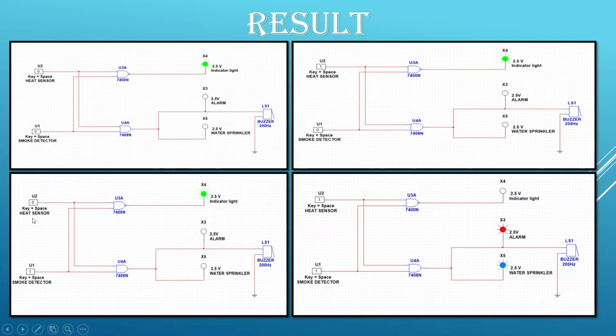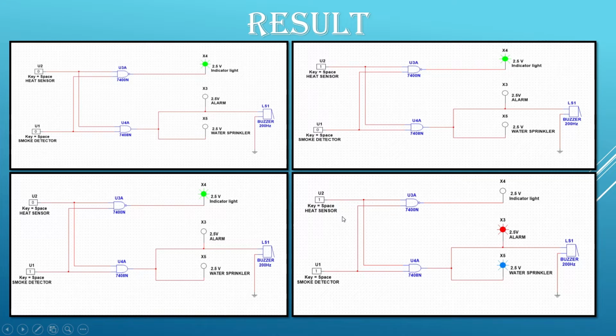When the heat sensor does not detect anything and the smoke detector detects smoke, the indicator light will also be bright. When the heat sensor detects the heat and fire but the smoke detector does not detect anything, the indicator light will also be bright, but the alarm and the water sprinkler do not light up.